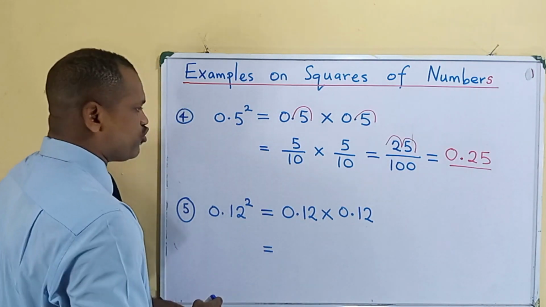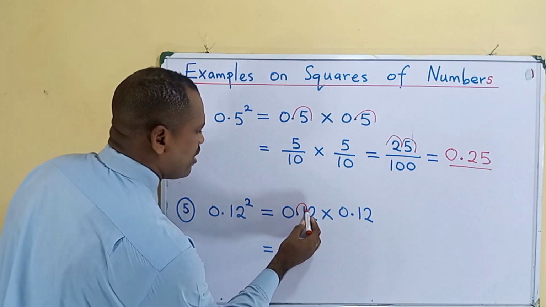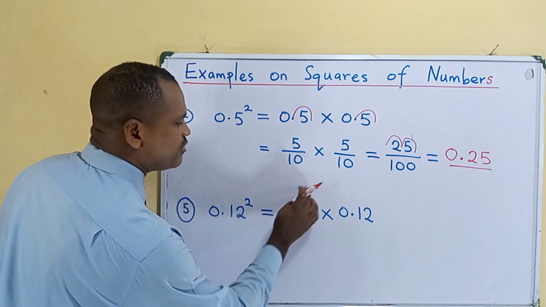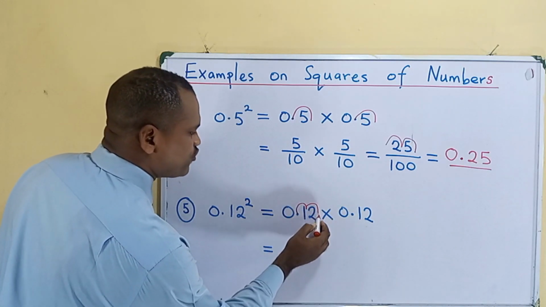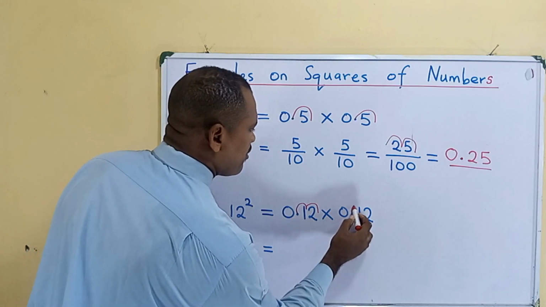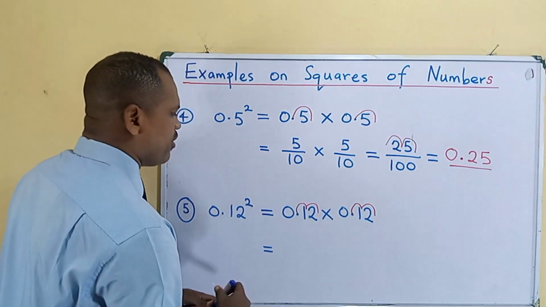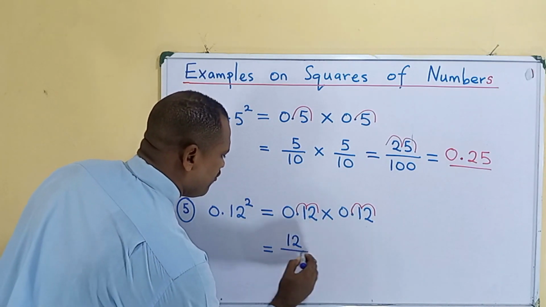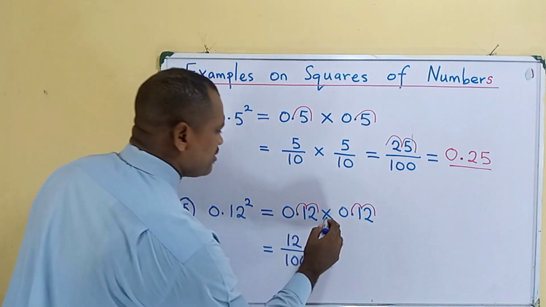So we're moving twice. 1, 2. You move the decimal point until it crosses the last digit. The same thing with here. 1, 2. Because you move twice, you now write 12 over 100. 100 has 2 zeros.